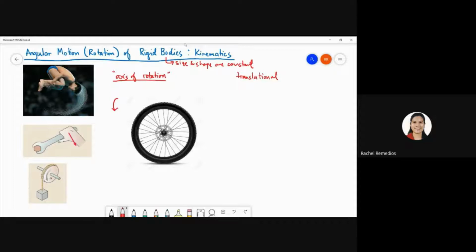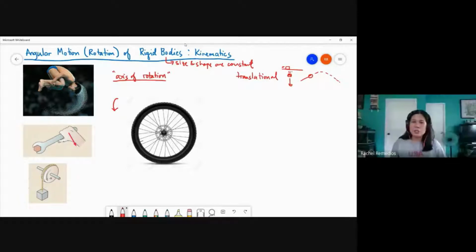It's just the whole body, either it goes horizontally, so pwedeng ang object mo is moving horizontally like that, going there, or pwede namang it's just moving vertically pero not rotating ito. Or pwede namang two-dimensional. So kung nag-projectile siya, for example, ayan. So these are examples of translational motion, purely translational. Kasi yung object mo hindi umiikot, okay, habang gumagalaw.